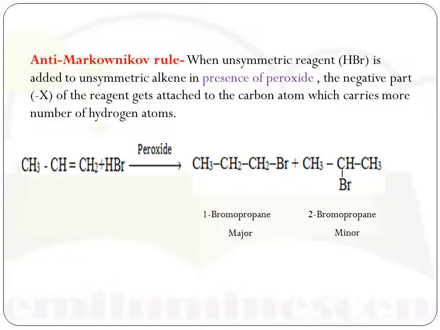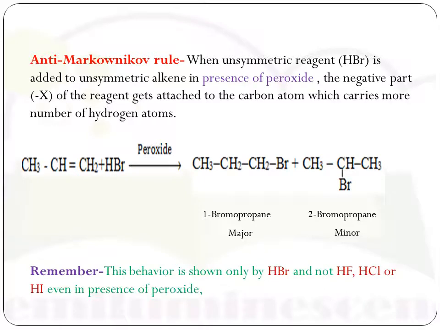But remember one more thing: this behavior is shown only by HBr and not by hydrogen fluoride, hydrogen chloride or hydrogen iodide, even in the presence of peroxide. They will always show the result according to Markovnikov's rule. Only HBr shows the result according to anti-Markovnikov's rule in the presence of peroxide.